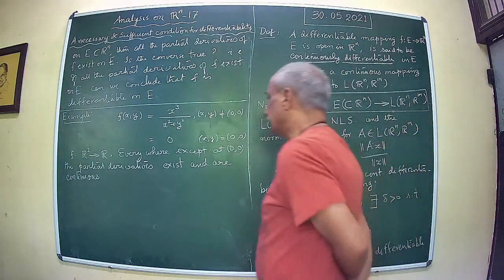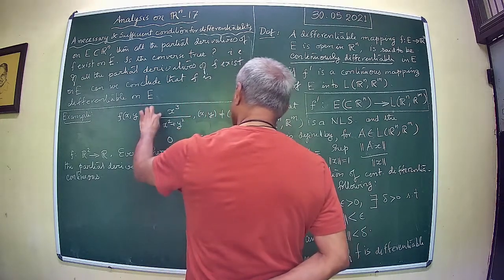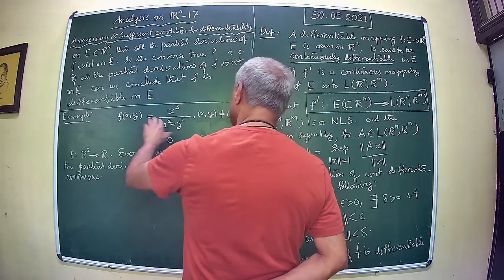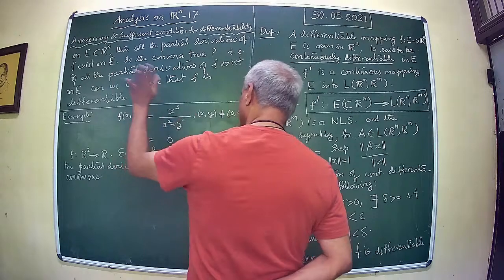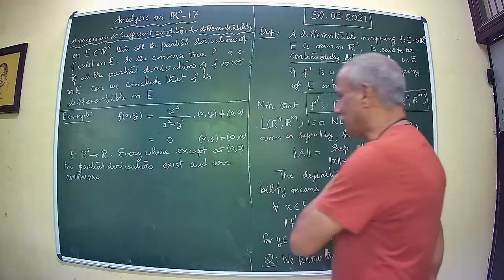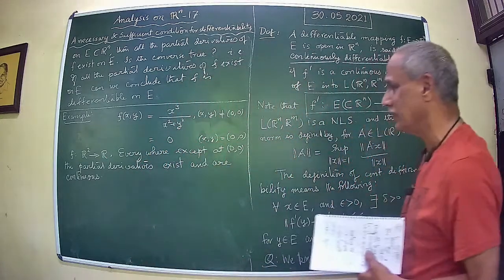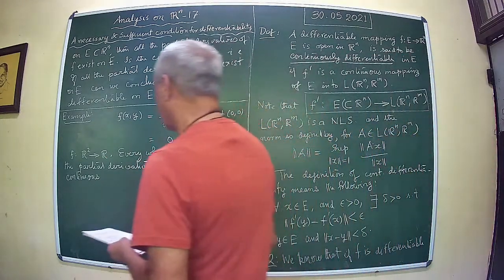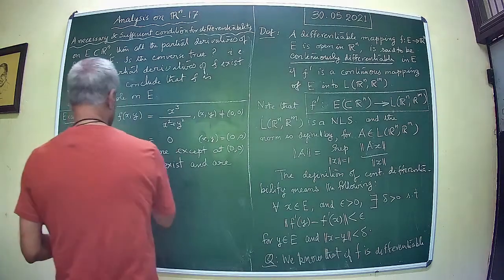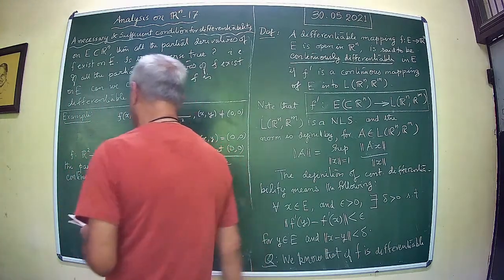Now you see that the denominator does not vanish at all. Both numerator and denominator are polynomials. Therefore, there is no problem about the differentiability with respect to x or y, and everything is fine. Partial derivatives exist and are continuous. So this is the important point. Everywhere except at 0, 0.